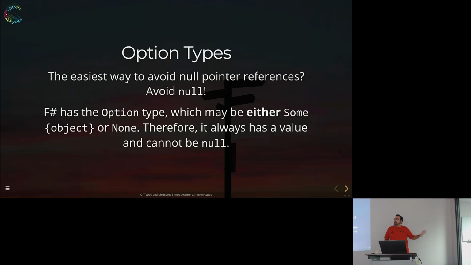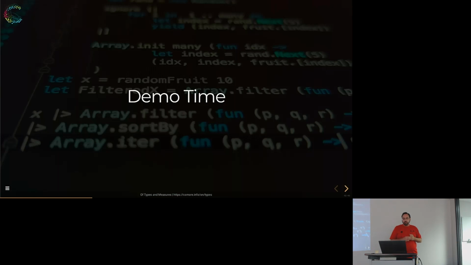So none is not null. None is appropriately defined. It is well defined. But if you have something, it is some value, some integer 6, some string Bob. It exists, and we can work off of it. And with that, let's jump to the first set of demos.